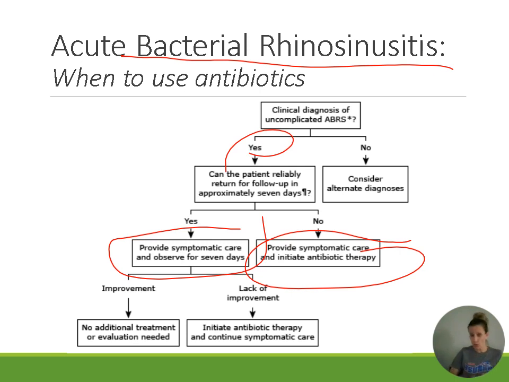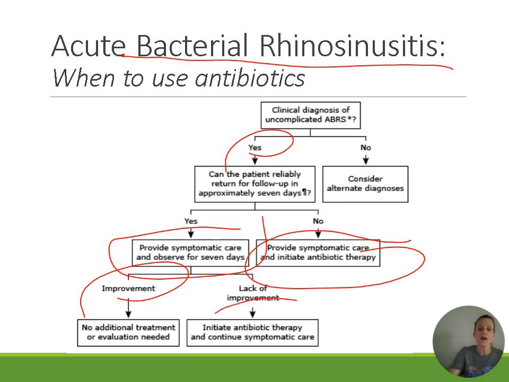If they improve in the next week, they don't have to be completely better. But if they are improving, if they say, yeah, it peaked about 3 days ago, but for the last 3 days, every day I feel a little bit better, it's clearing on its own, you don't need to use antibiotics. Just keep taking care of the symptoms as they occur, and great, we saved this use of antibiotics.